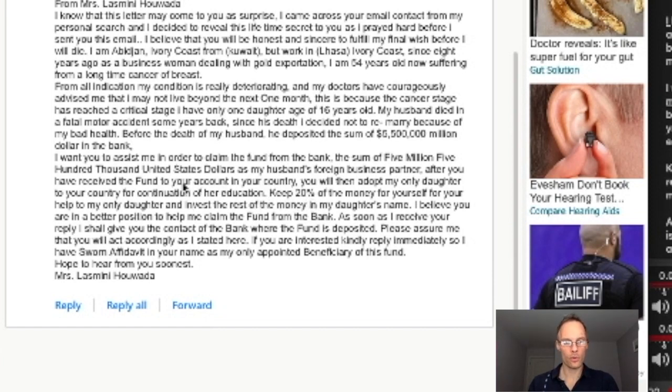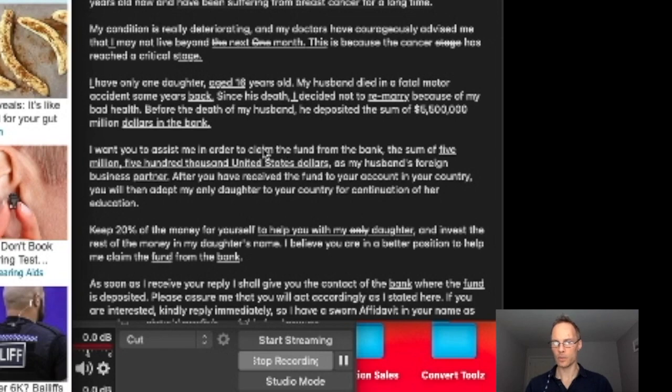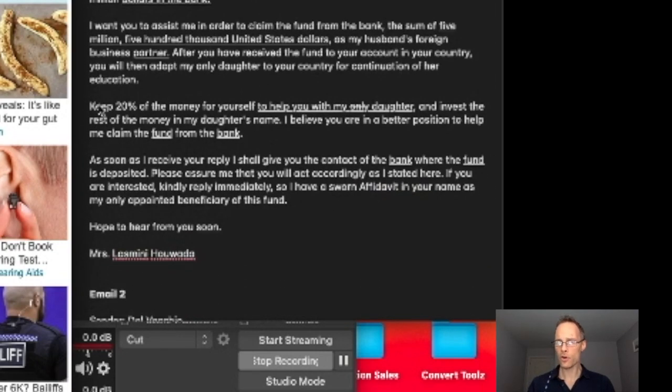A long sentence, of course, but so I've split it into two and I've changed the capital letters where they weren't needed. And she goes on, keep 20% of the money for yourself for your help to my only daughter and invest the rest of the money in my daughter's name. So I've changed this a little bit. Obviously, new paragraph, space in between. Keep 20% of the money for yourself to help you with my daughter.